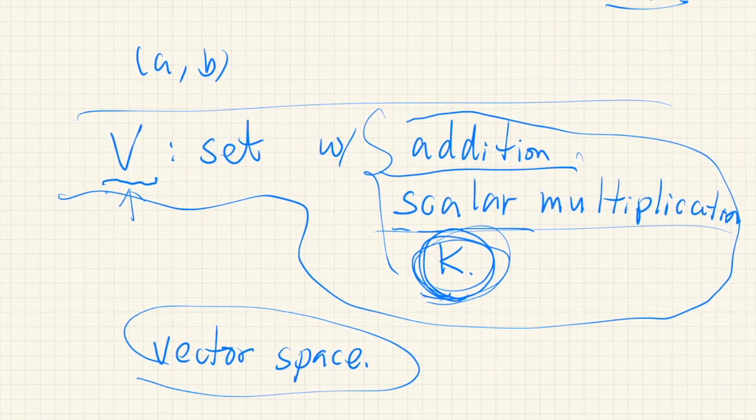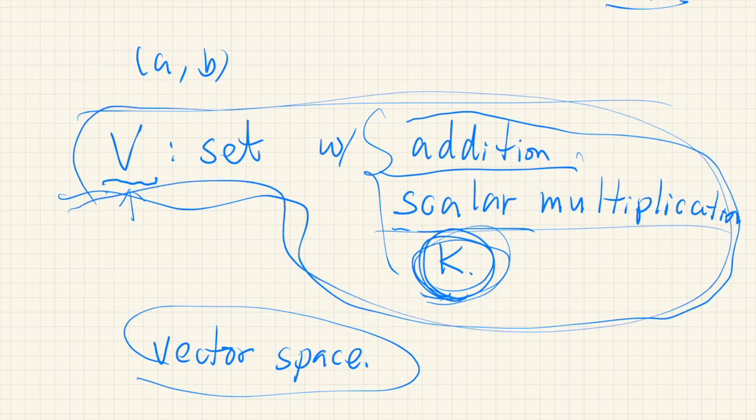Just like we define a field in general, as a set with addition and multiplication that satisfy some axioms, and any such sets are called fields. And just like that, we define a vector space as this. So any set equipped with addition and scalar multiplication, where scalars are elements of a field K, is called a vector space over K.